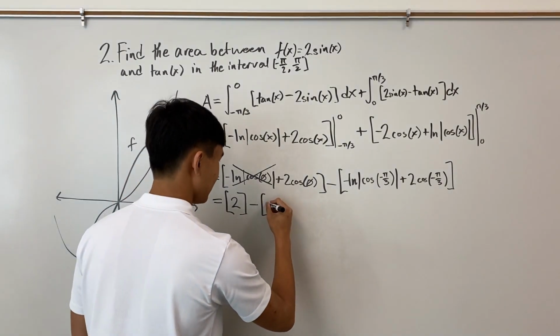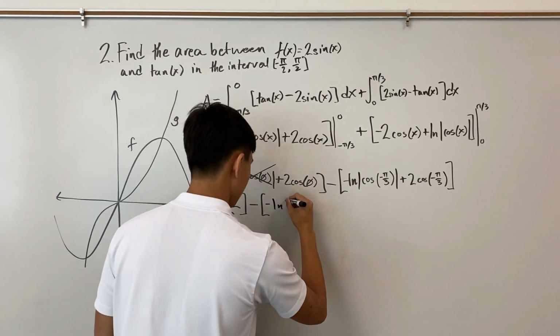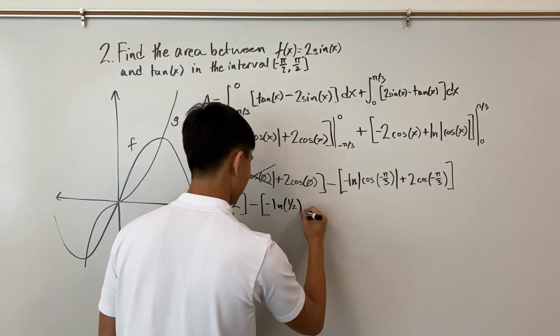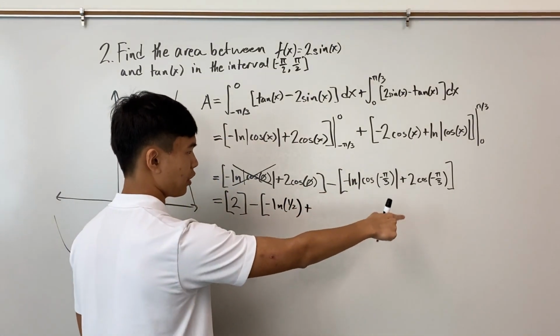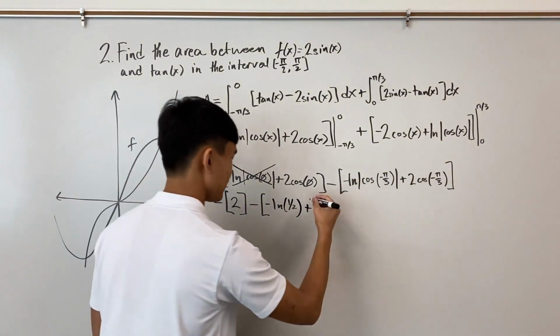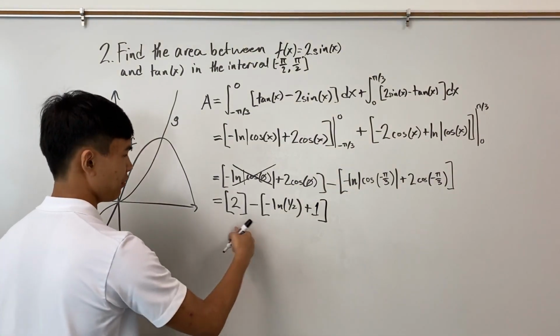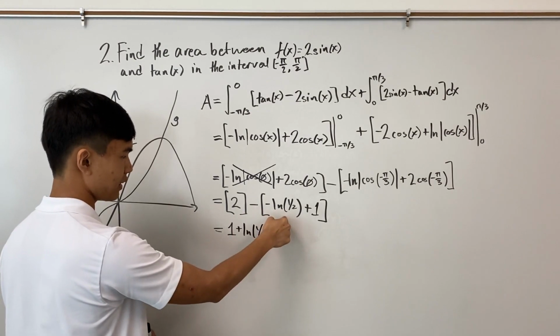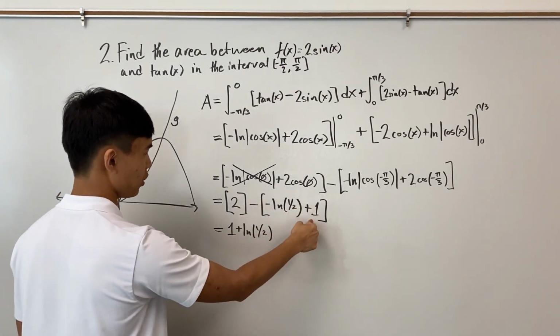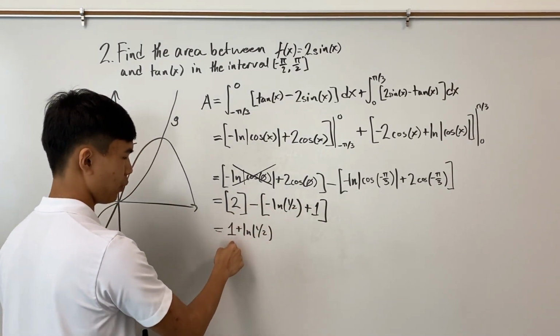So we're going to leave it as negative ln of 1/2 plus, so cosine of negative pi over 3 is 1/2, so this is 1. And when we evaluate this, because this becomes a positive, and then this becomes a minus 1, which turns this into a 1.